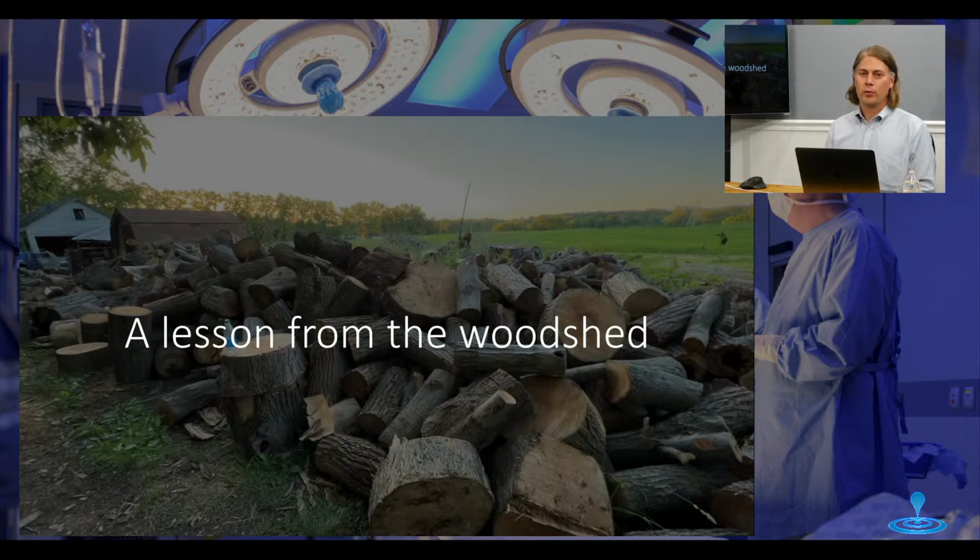Now, before we dive into today's part of the topic, I think it's important to remind you of our lesson from the woodshed. See, a couple months ago, some of my kids and I went on a service project. And while 9 women can't make a baby in 1 month, it is true that 20 people can move 2 tons of wood faster than 10 people can. Now, why do we say that? Why does that matter?